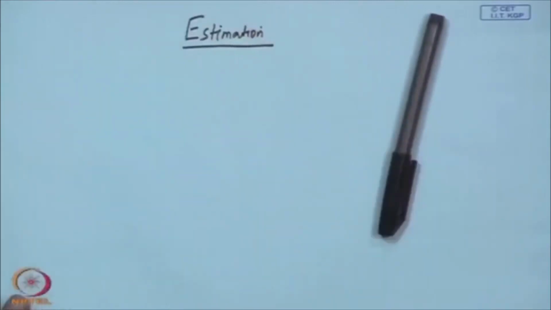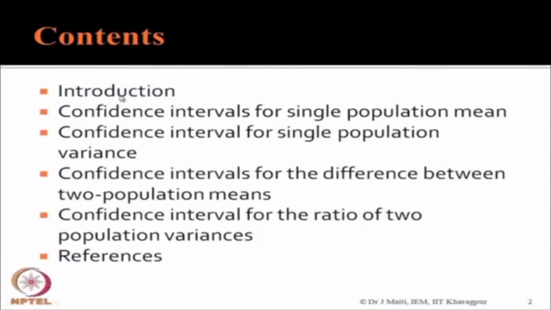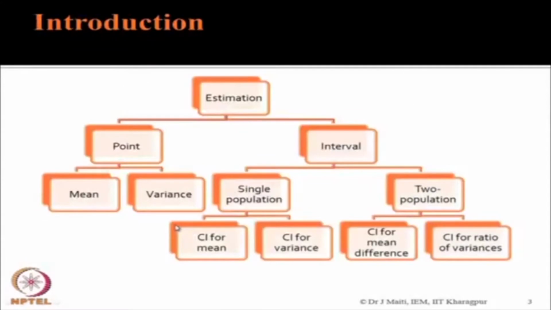Today's content is: we will start with what is estimation, then I will tell you the different types of estimation, like for a single population mean, for a single population variance, confidence interval for the difference between two population means, and confidence interval for the ratio of two population variances, followed by references.